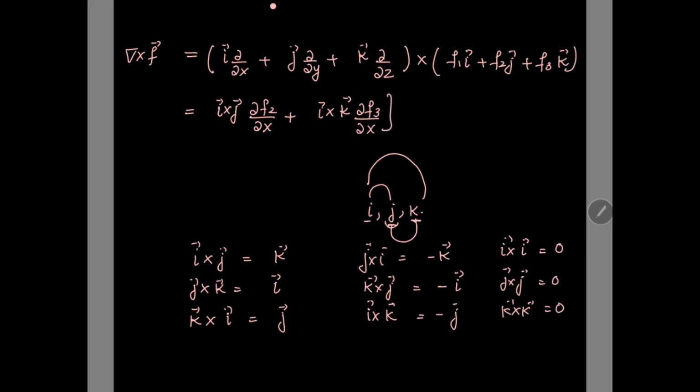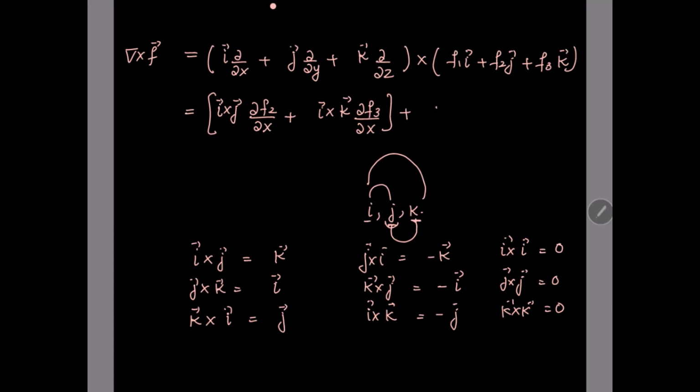So this is your first bracket, plus now the second, with ∂/∂y. j cross i will come, j cross j will be 0, and j cross k will come. So the second term cross product will come with the first and the last one.